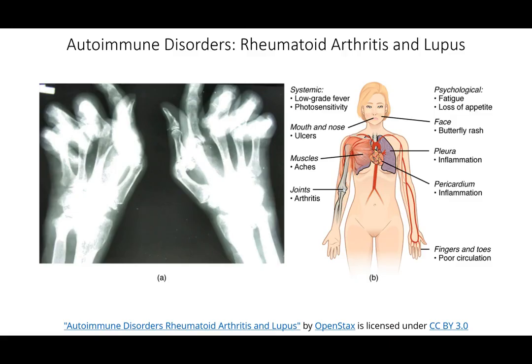For example, there is an instance of something called rheumatic fever, and this is due to an infection with a streptococcus bacteria, which causes strep throat. Not everybody's going to get rheumatic fever, but some people will develop rheumatic fever after a strep throat infection.